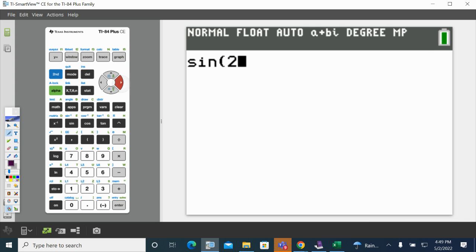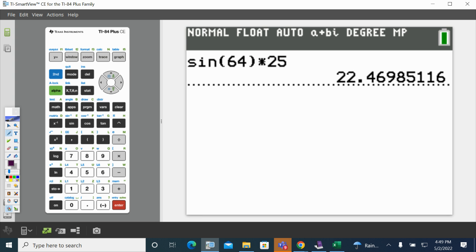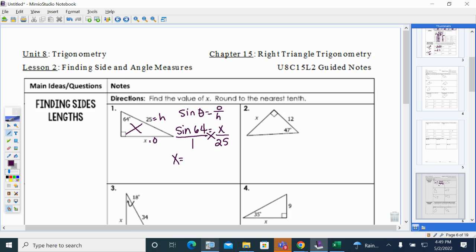So it's sine of 64 times 25, and that's going to give us 22.5. So the length of that leg is 22.5.